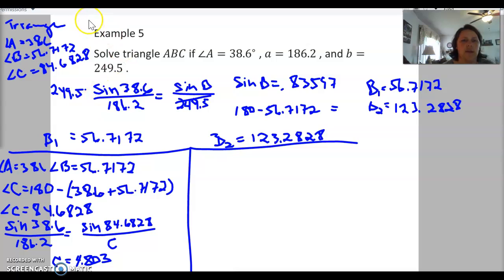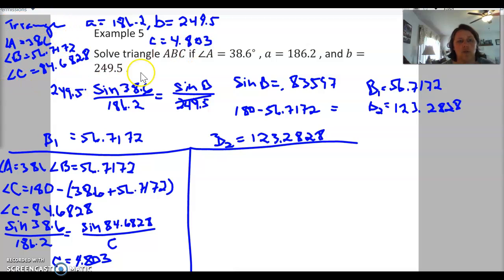Then we had side A equals 186.2. That one was given. Side B is also given, 249.5. And side C is, or we found, 4.803. So that gives you all of the information of the first triangle.